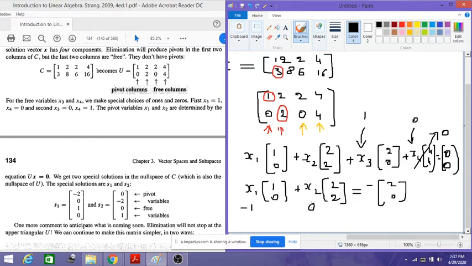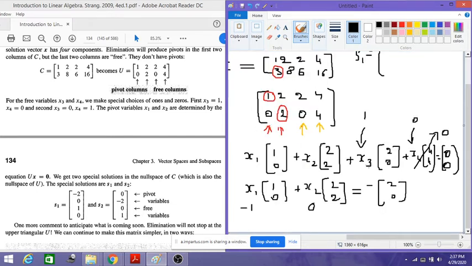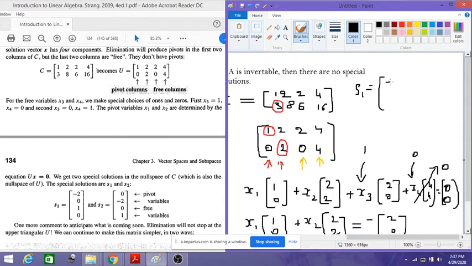So I got the first special solution: x1 is minus 1, x2 is 0, x3 is 1, and x4 is 0. So this is one of the solutions.